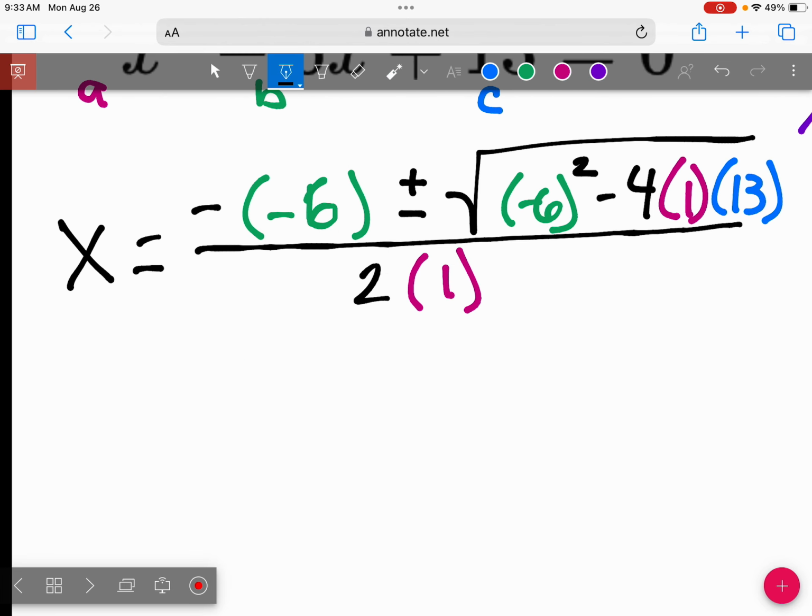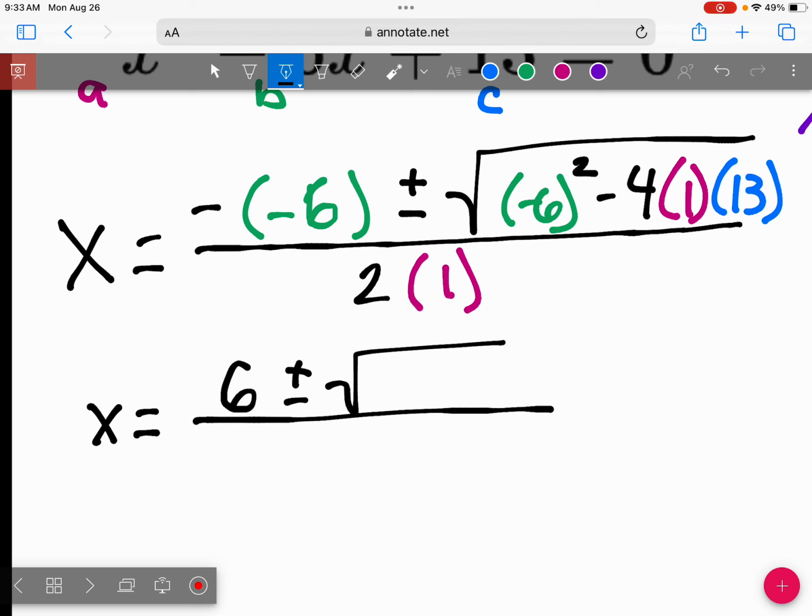So when we're simplifying this, especially since we don't get to use calculators, it does help to do it in smaller chunks. The opposite of negative 6 gives me positive 6. What are we getting under the radical?